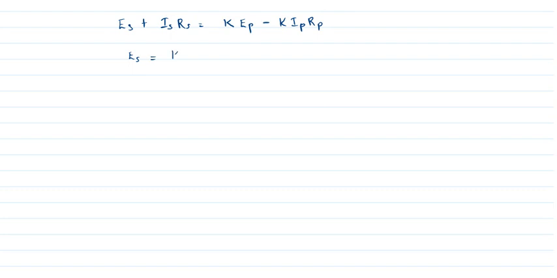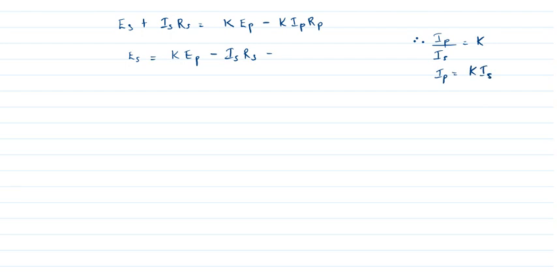Taking IS to this side, we will write ES equal to KEP minus ISRS. And we know there is another equation from the last case: IP by IS equal to K. So from this equation we will write IP equal to KIS.